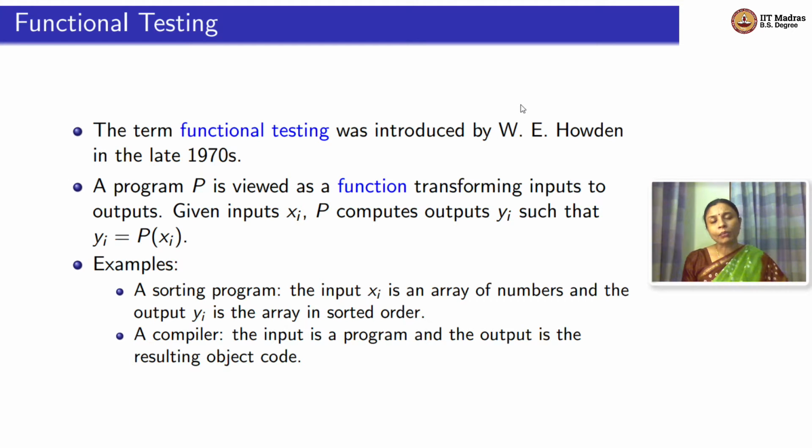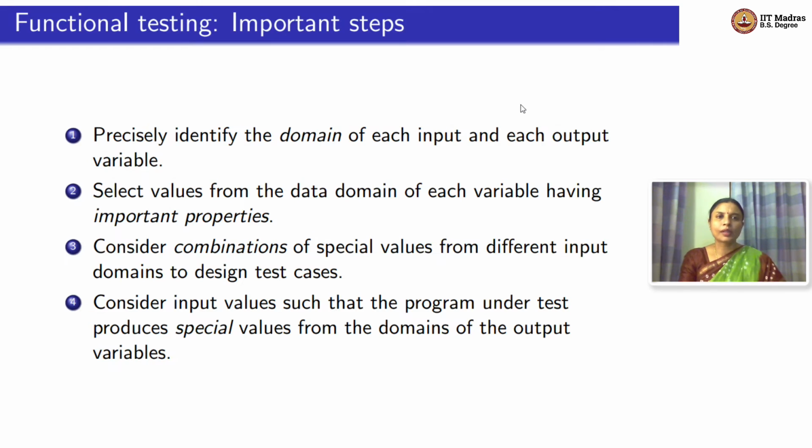A compiler can be thought of as a program that takes as input the user-written application code in Java or an appropriate programming language, and the output is the compiled object code. So this can be thought of as a function that transforms one program to another program. So the core idea in functional testing is to view a program as a function that takes inputs and transforms the inputs into outputs that it produces when the program runs on these inputs.